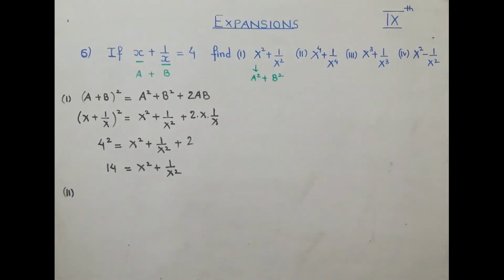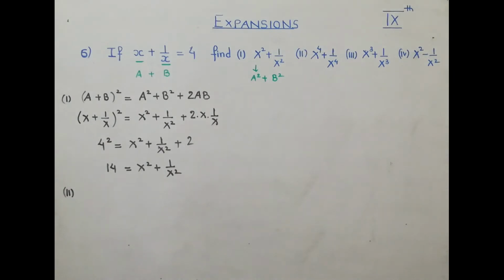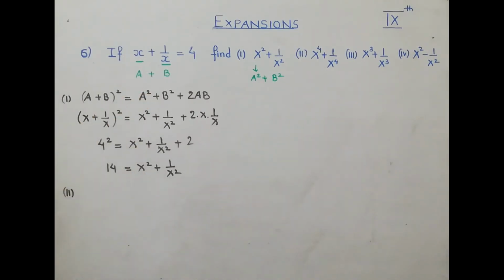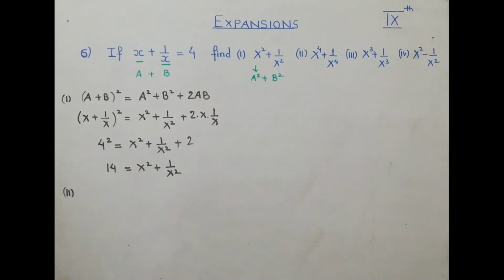Now whenever you have to find power 4, then how to find the power 4 over a? See, we are going to read it as we have to find a raised to power of 4 plus b raised to power of 4. Now how to get that? Now what you will do, here you have already calculated x square plus 1 upon x square. Whenever you have to get the power 4, you apply whole square formula on it.